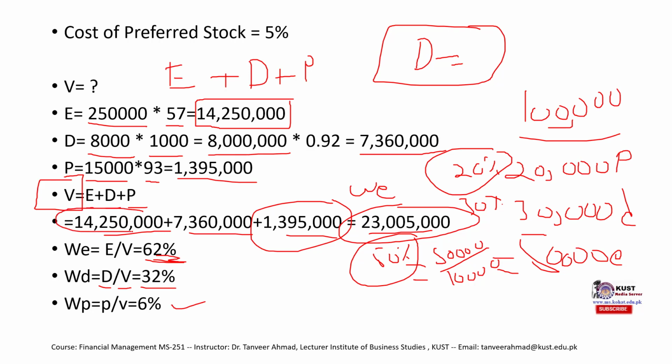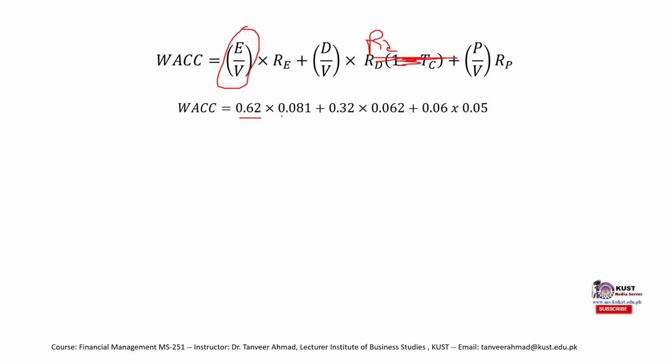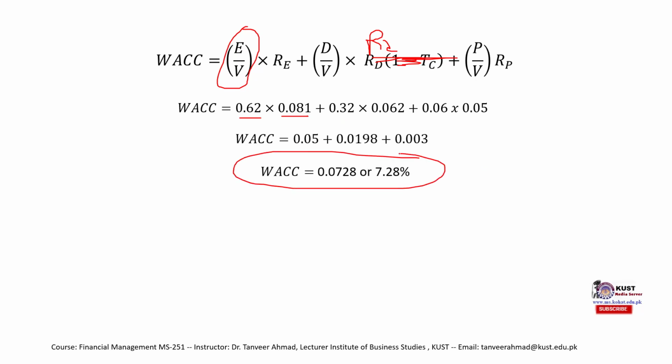So you can calculate the weightage separately and then enter them into the formula. Obviously, we do not need to do this for RD, we have already calculated RD. So input the values. The weight of equity was 62% and the cost of equity was 8.1%. So we simplify this and we get the Wacc of 7.28. So the company's cost of capital for financing is 7.28%.